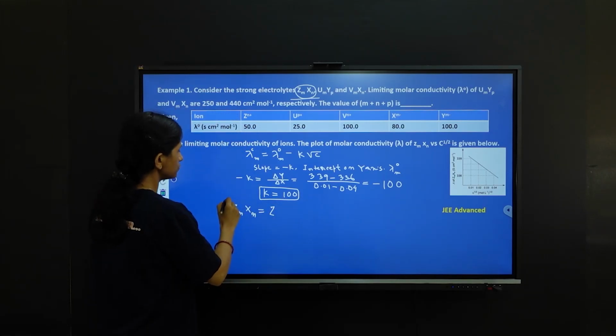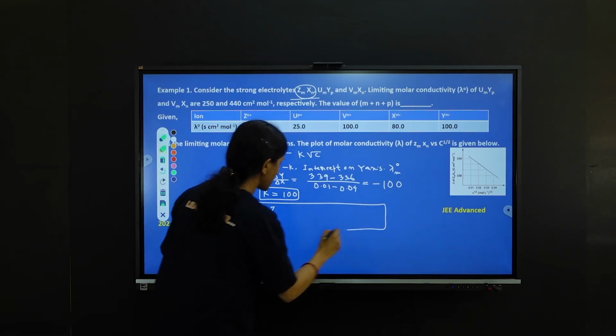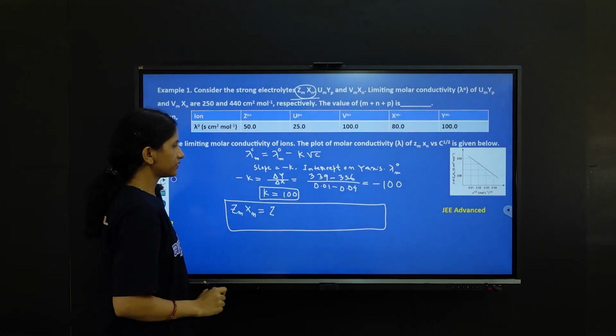before that let's do one more thing. Let's make a box here, I will use it later.